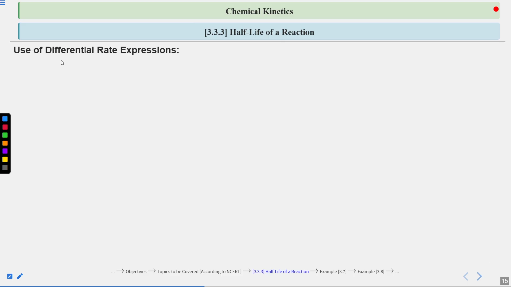Use of the differential rate expression. The first method was use of the differential rate expression.